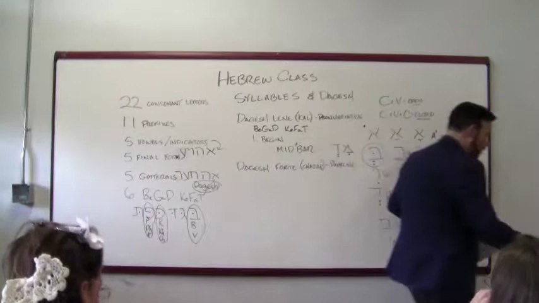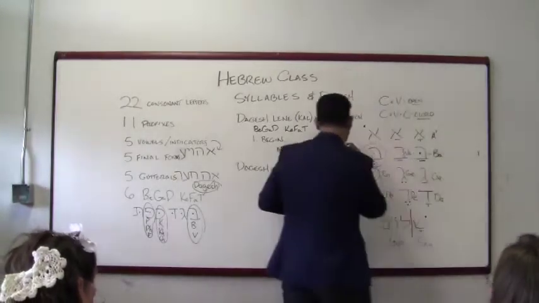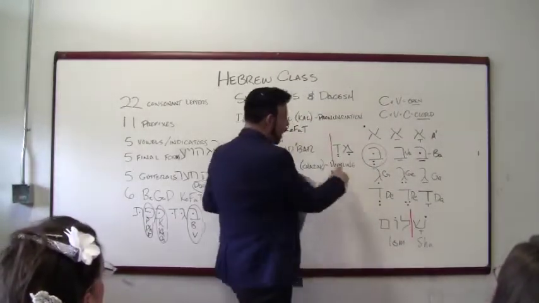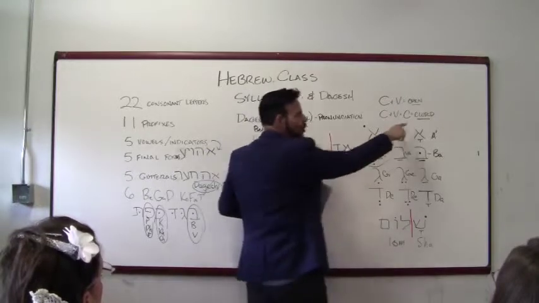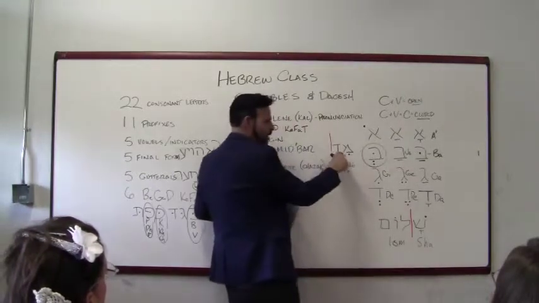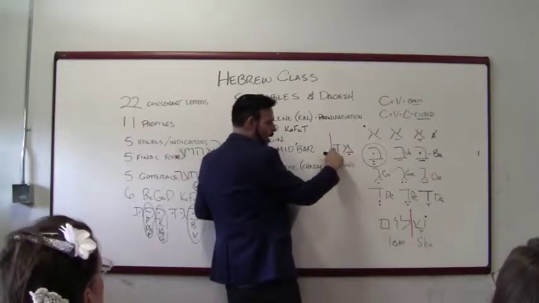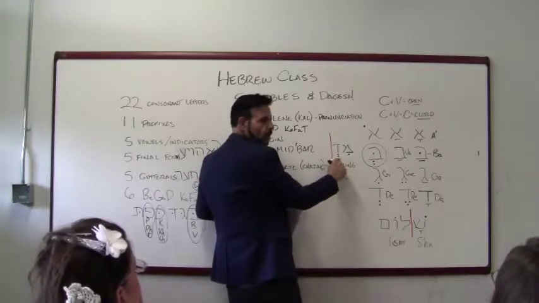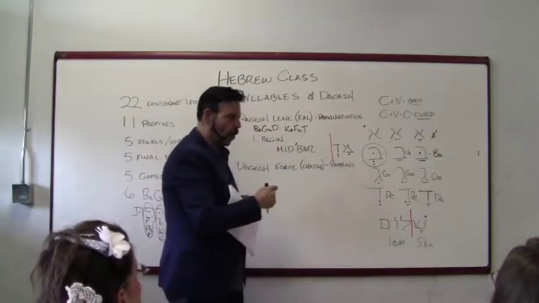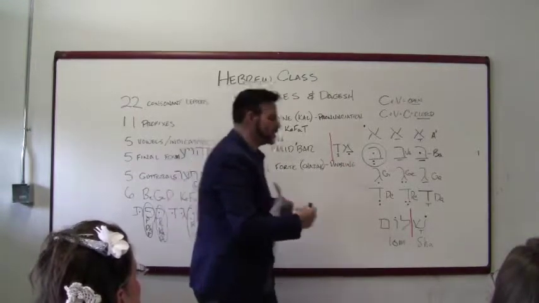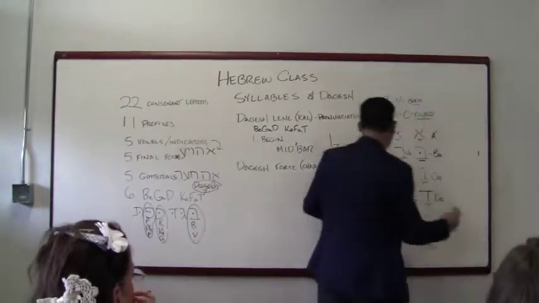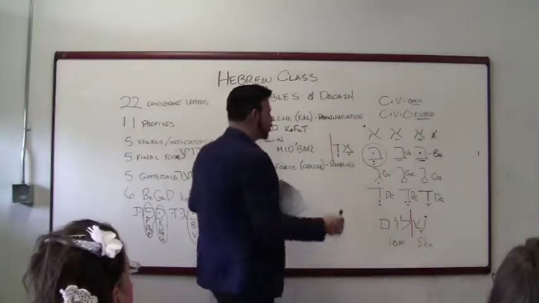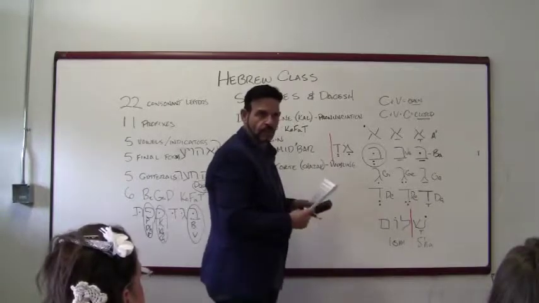So that just created a closed syllable, didn't it? You just closed off the syllable because I put a sheva that came to a glottal stop or closed it off with an extra consonant. A consonant, vowel, consonant. Now, this is not a vowel because it's a silent sheva. Only a sounding sheva could be considered a vowel, like at the beginning of a word. So if it's somewhere else in the middle of the word, right?